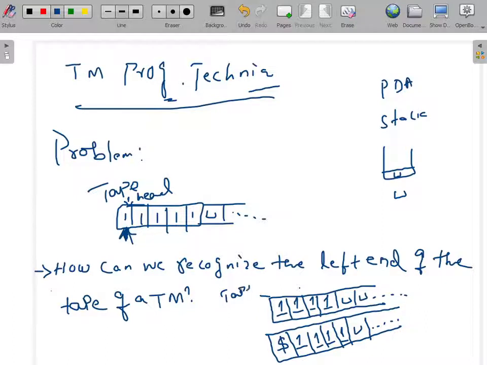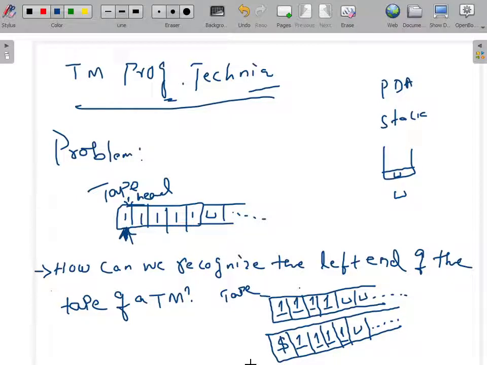After adding the dollar, whenever you get the dollar on the tape, you can easily identify that this is the last cell at the left-hand side, and you cannot move further left.